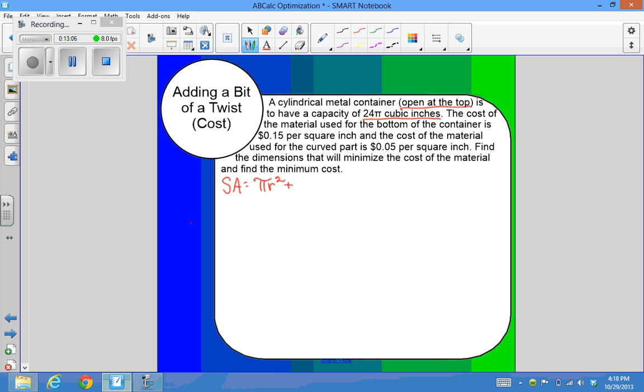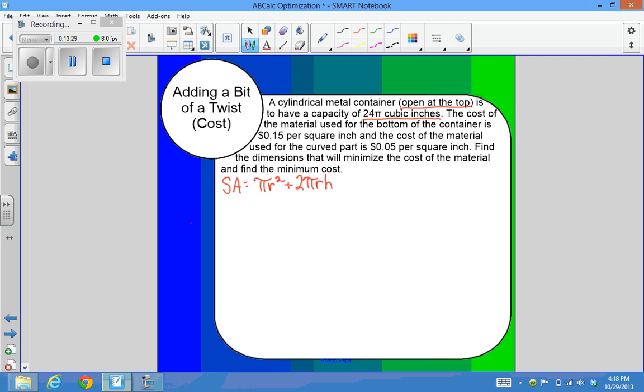The length of the rectangle is the circumference, 2 pi r, and the width of the rectangle is the height of your can. If you think about it, if not, let me know because we'll talk about it in class on the next class period. All right. I need that.